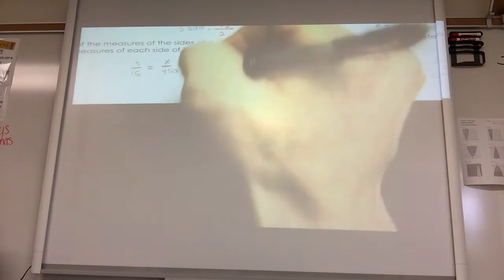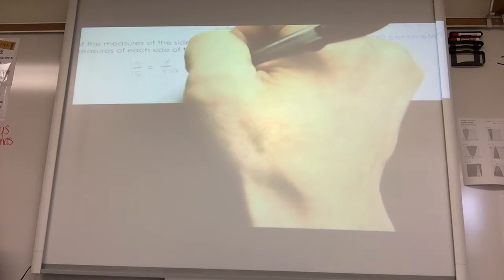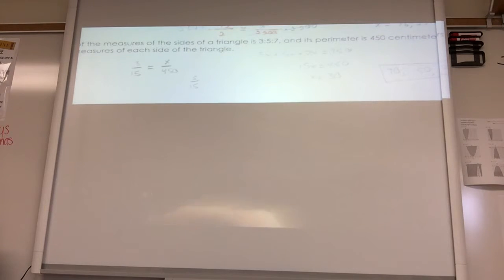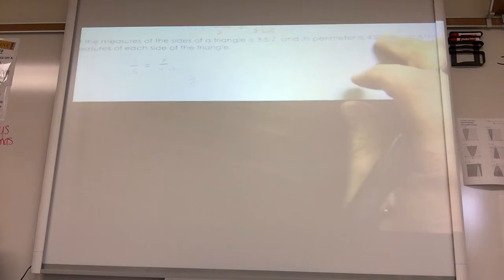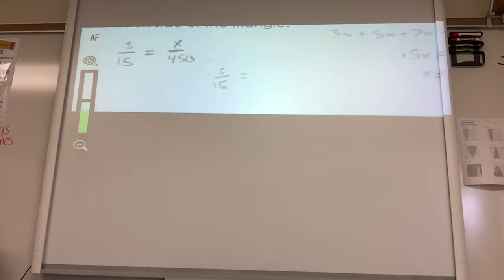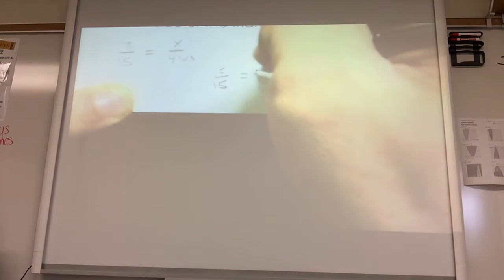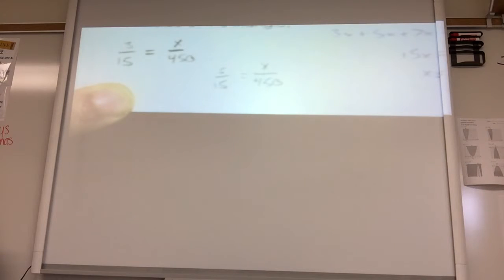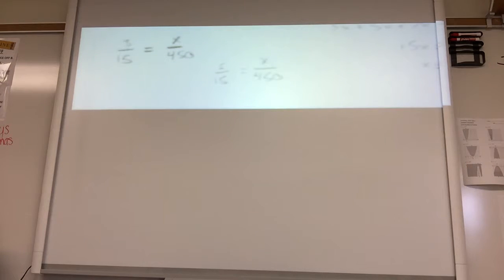If you want to solve for the medium side, medium side over 15 equals, let me zoom in on this. So the medium side over 15 equals x over the whole thing, 450. Wow, that is so blurry.